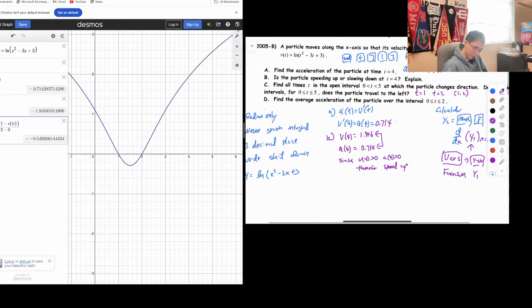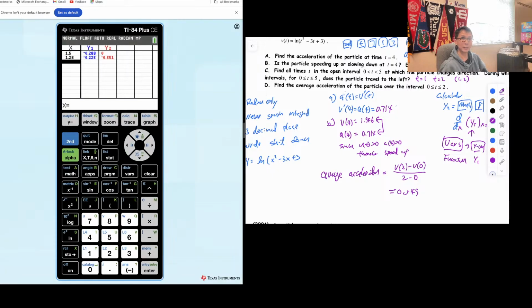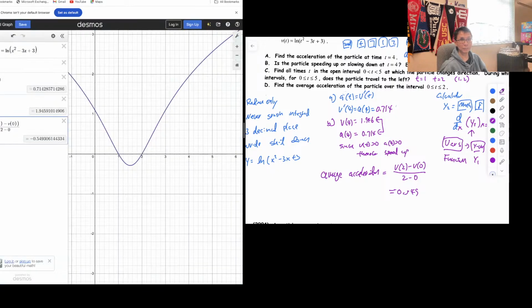So average acceleration is equal to, please write it down though. Don't be lazy, write down the equation that you use, because you cannot just type it in like that. You're going to have to write this down in order to get points. So therefore it's going to be negative 0.549.